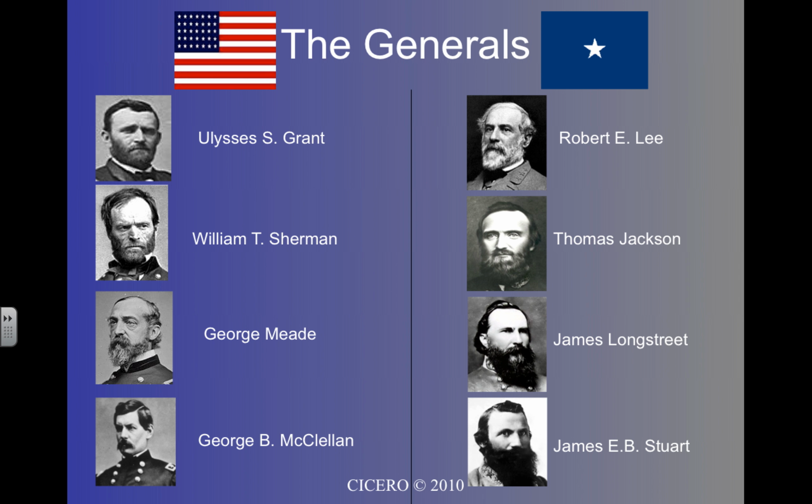You had many different generals on each side during the Civil War. The two main generals: the Union general Ulysses S. Grant, like we talked about before, the final general. He succeeded a guy by the name of George B. McClellan in being the commander of all Union forces.